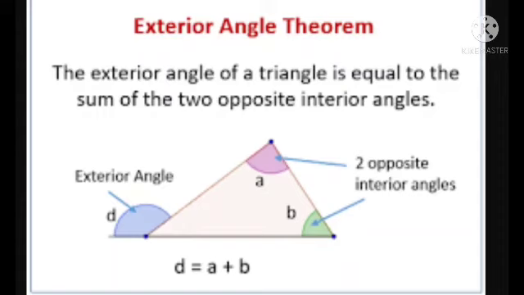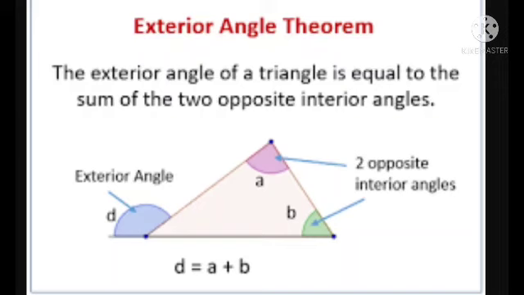In other words, we can say that the exterior angle of a triangle, obtained by producing any of the sides of the triangle, is greater than either of its interior opposite angles.